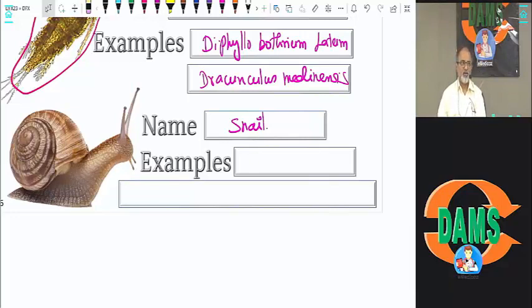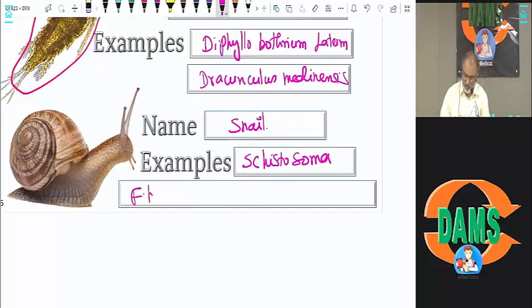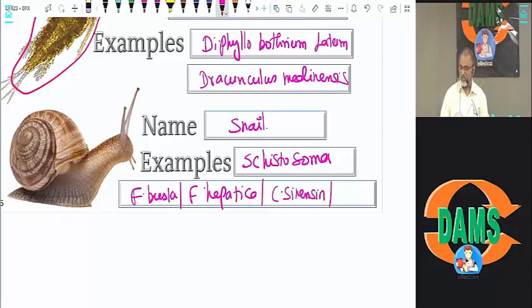It's an intermediate host for all trematodes, which includes Schistosoma, Fasciolopsis buski, Fasciola hepatica, Clonorchis sinensis. What else? And Paragonimus westermanni.